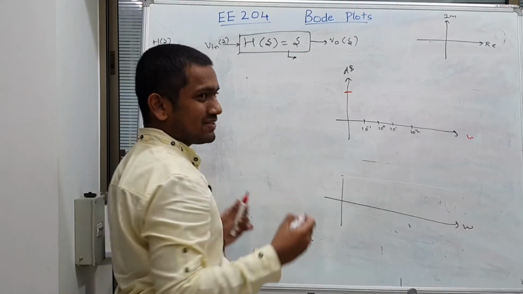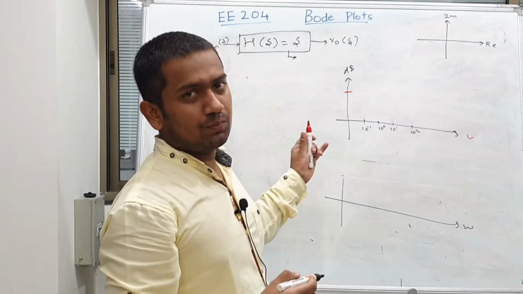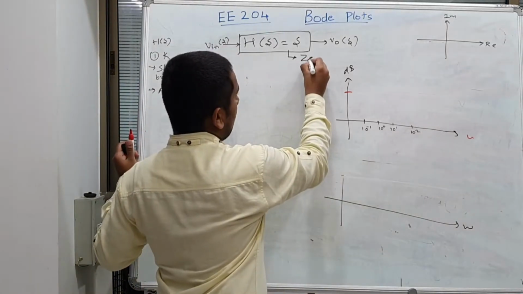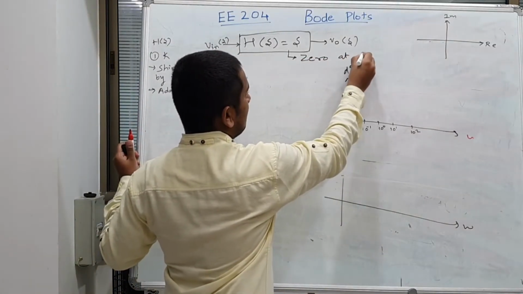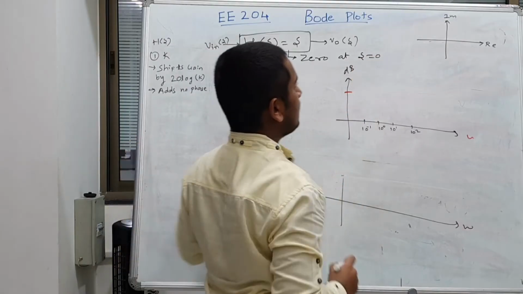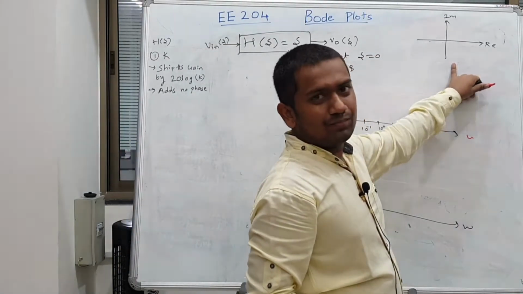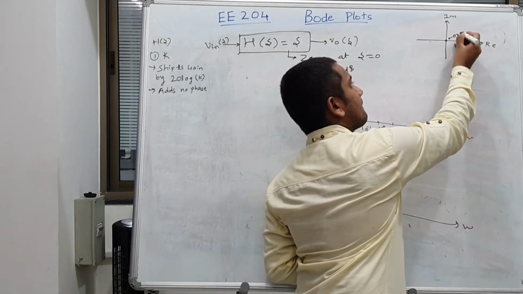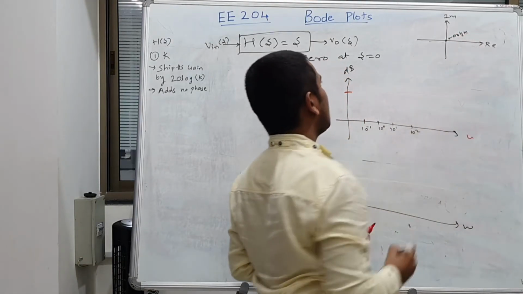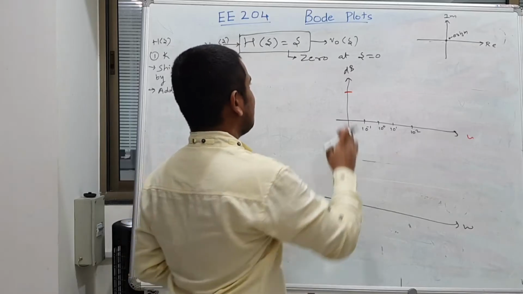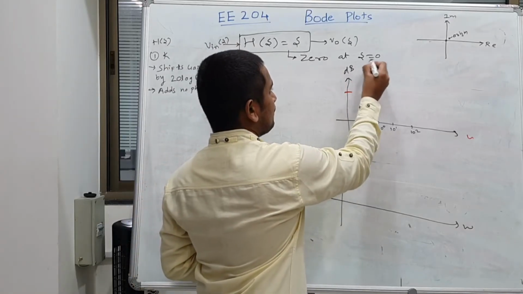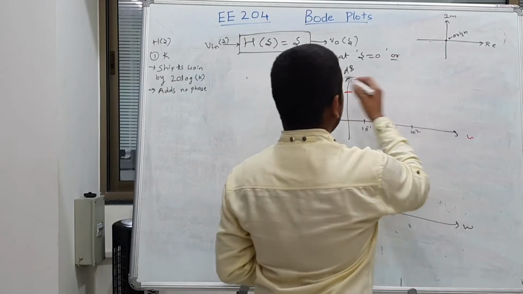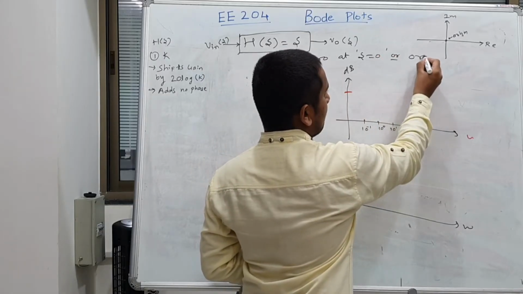The value of s at which H of s goes to 0 is called a zero of a system. So there is a 0 at s is equal to 0, but in s plane, s is equal to 0 corresponds to the origin. Hence we can say that there is a 0 at s is equal to 0, or we can also say there is a 0 at origin.